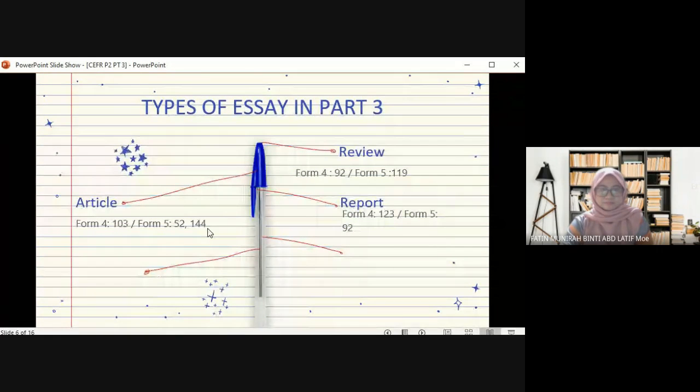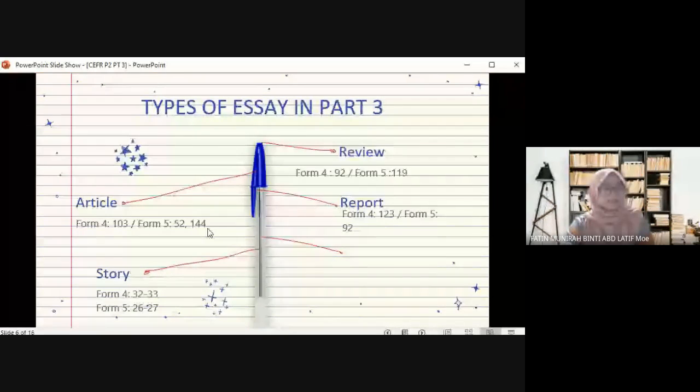Okay, the fourth one is story. Story ni seingat saya kalau kelas saya tak explain banyak lagi. Kita tak buat latihan pasal story lagi. So I hope that in the future we have time to at least make the exercise on this. Kita boleh buat latihan pasal ni. Okay, you can refer from Form 5 textbooks, page 26 to 27.